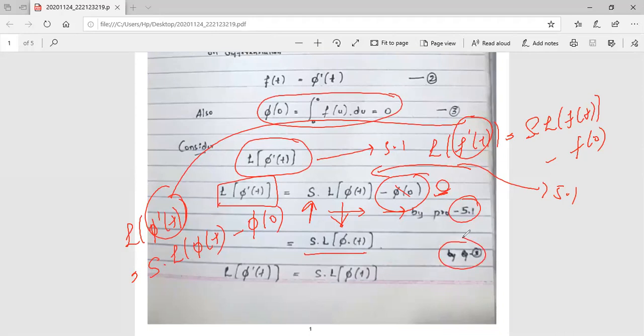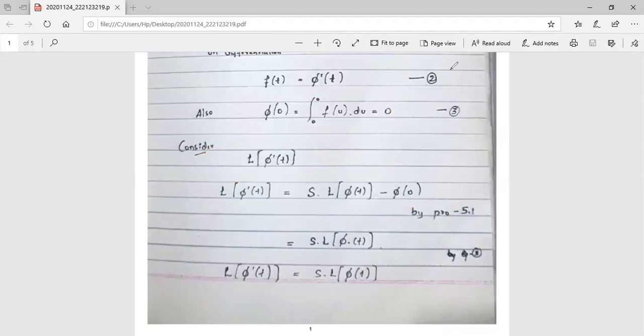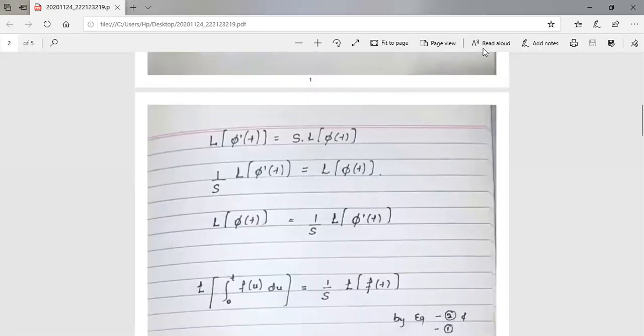We write it as it is: Laplace transformation of phi dash of t is equal to s into Laplace transformation of phi of t. We will take this s to the other side.